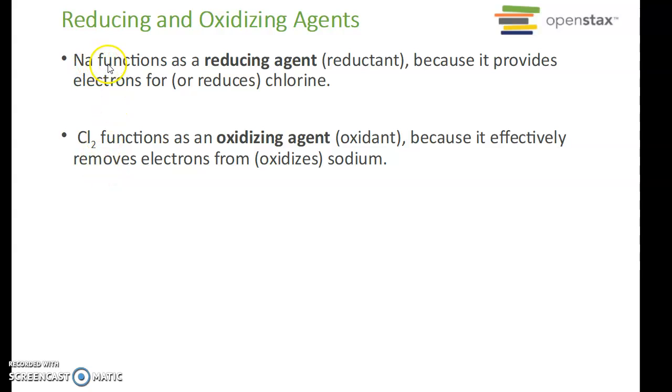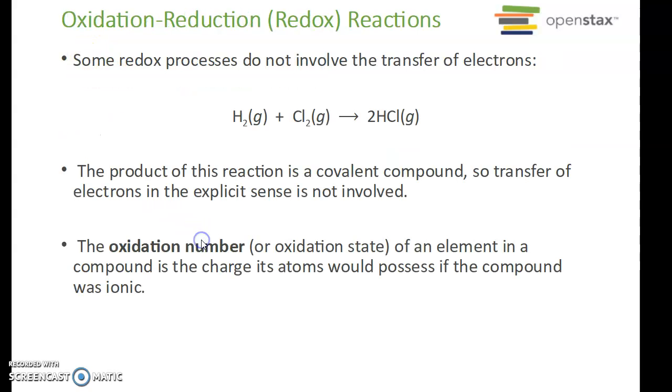It's oxidized, but it serves as a reducing agent. This is reduced, but it serves as an oxidizing agent. So what the agent is, is the opposite of what actually happens to this material.